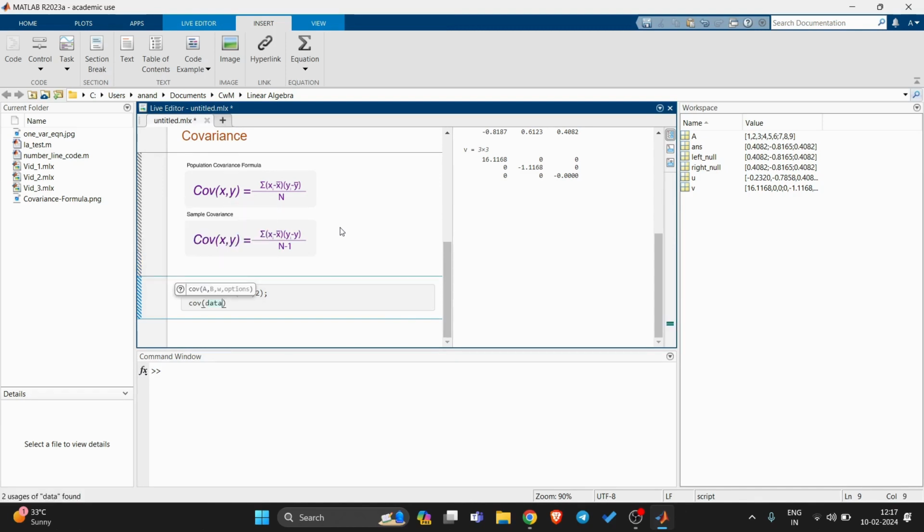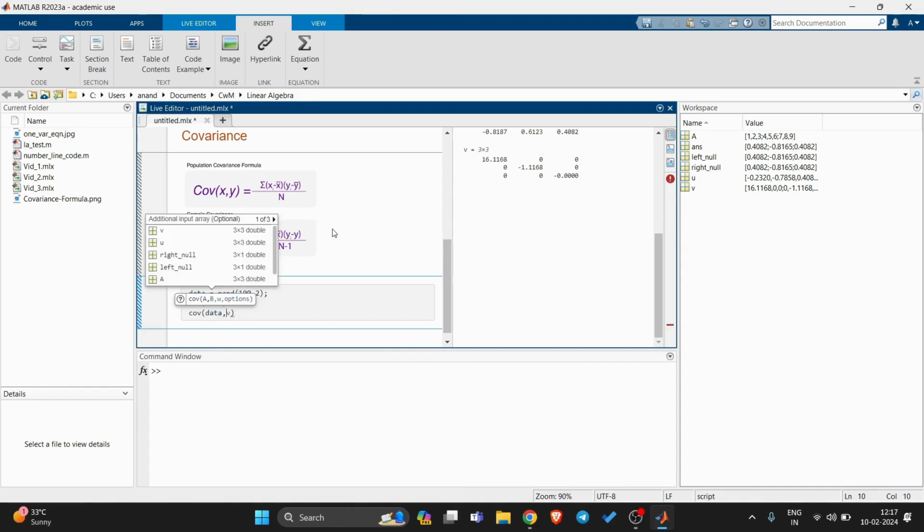If I just type cov of data, this returns the population covariance, and if I want to find the sample covariance, I should add a 1 as an extra input into the function.